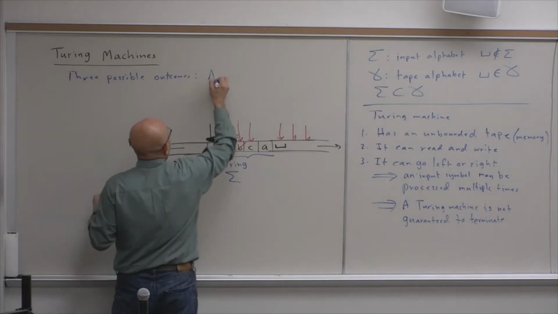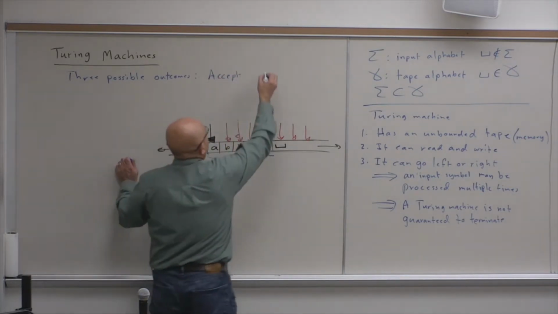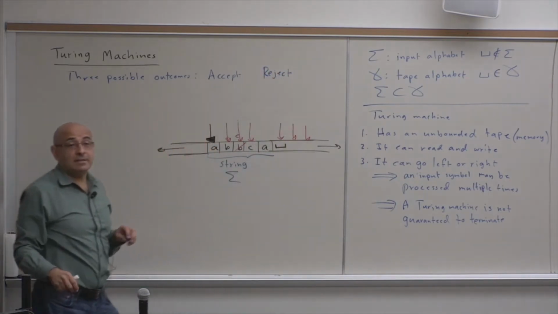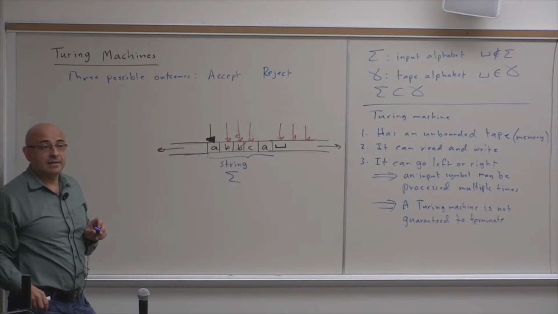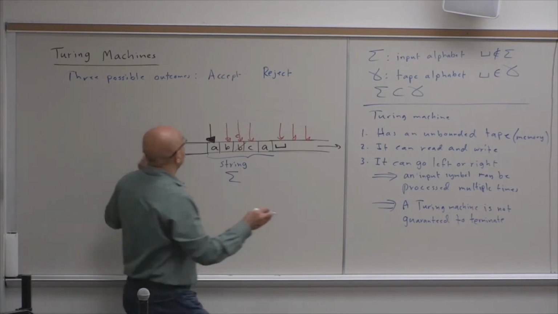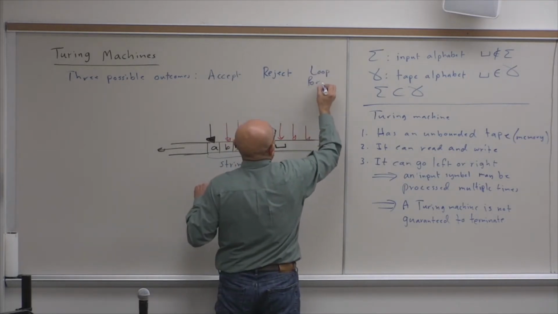One is accept, one is reject, and the third one is loop forever, or infinite loop.